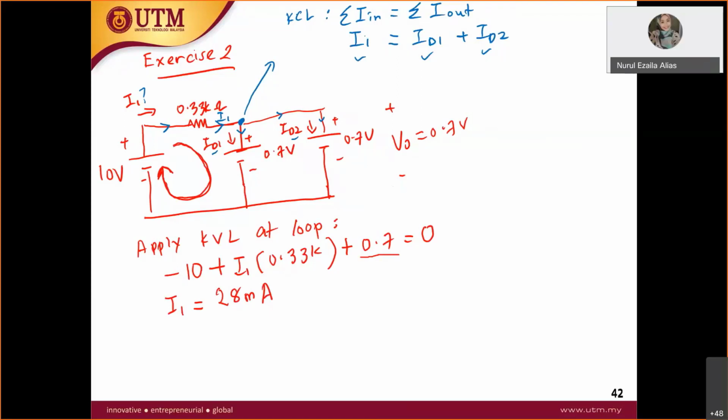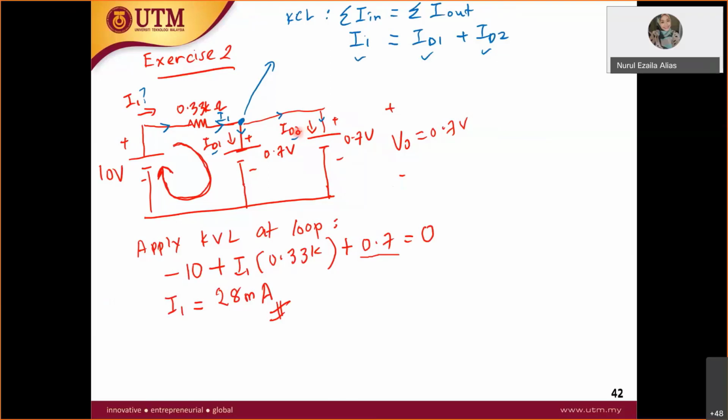So now you get I1. Now you want to define your current at ID1 and ID2. Someone might say, there is no resistor here, doctor, so how could you define the current? We learned in the previous lecture that inside a diode, it has internal resistivity.